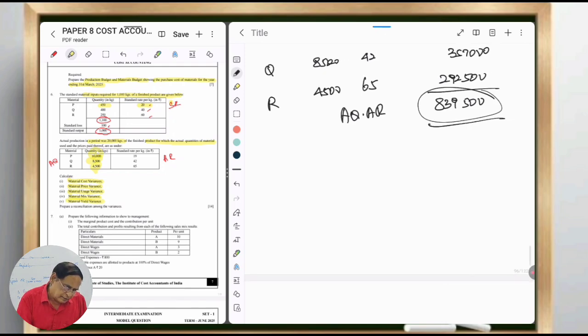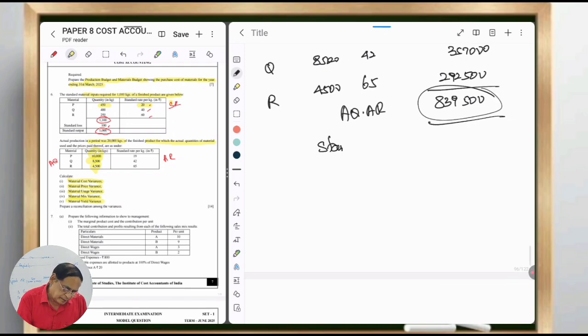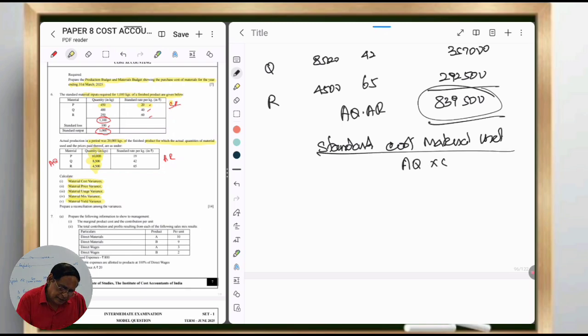And then we will prepare the standard cost of material used, that means actual quantity into standard rate.